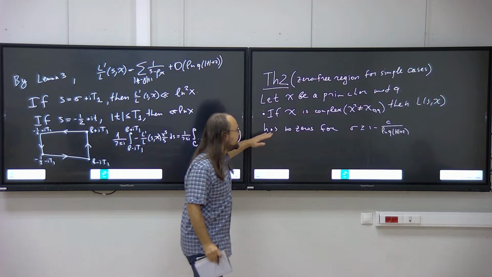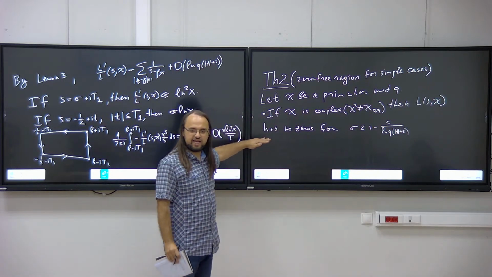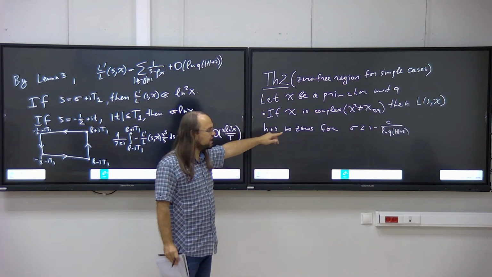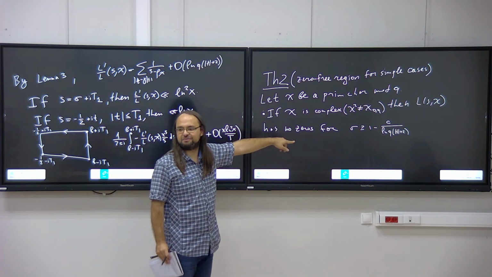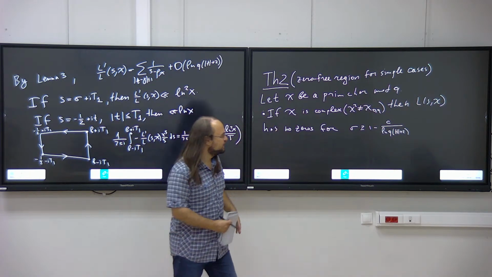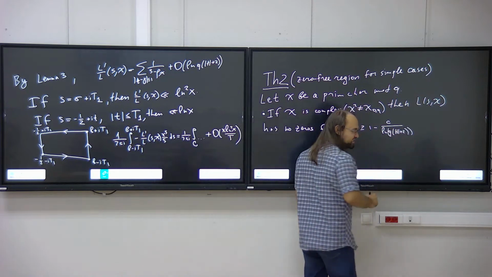So this is the same zero free region as for the Riemann zeta function, but with q inside the logarithm. But only for complex characters.